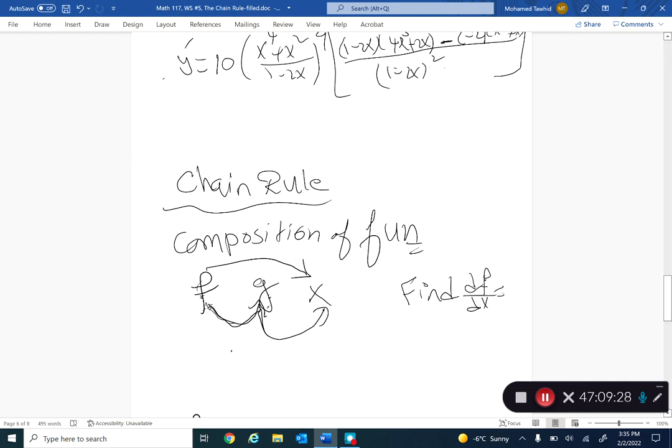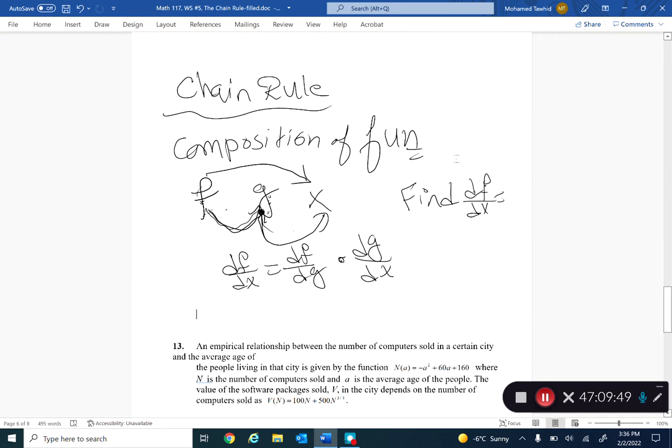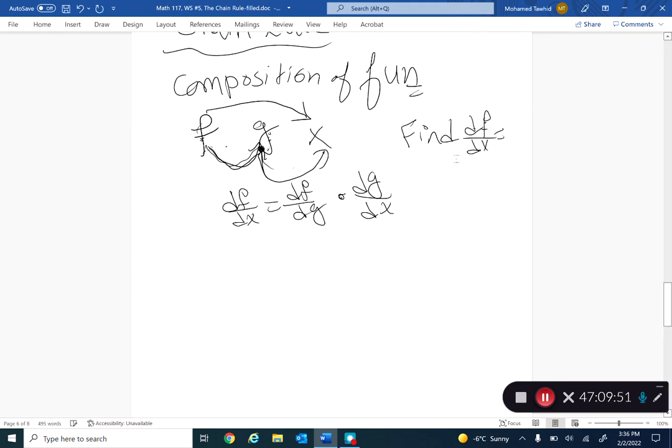I have to take the derivative of f with respect to g, and then at g, you have to multiply by the derivative of g with respect to x. So the derivative of f with respect to x is nothing but the derivative of f with respect to g first, and then you multiply by the derivative of g with respect to x. It's like dg here cancels with dg. What did you get? You get df by dx.